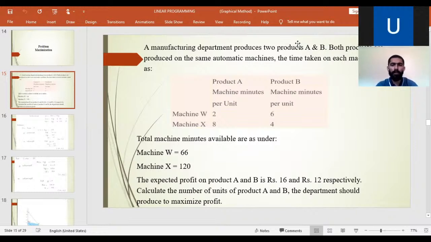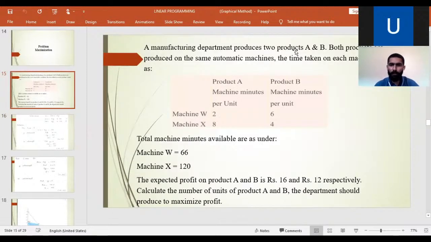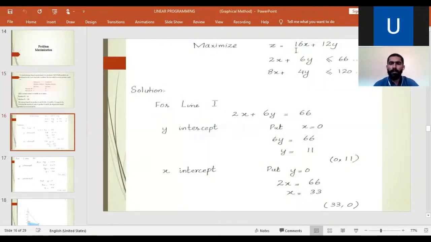We will suppose two variables, x and y, for these products. Now Z is equal to 16x plus 12y, the expected profit. Then above we have two equations: 2x plus 6y is smaller than or equal to 66, and the second equation is 8x plus 4y is smaller than or equal to 140.